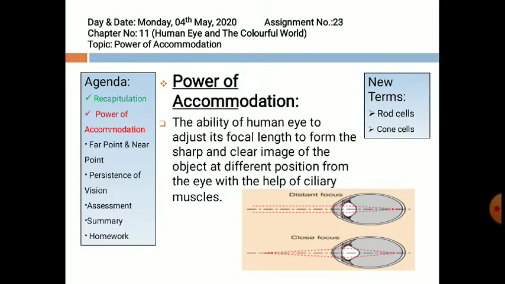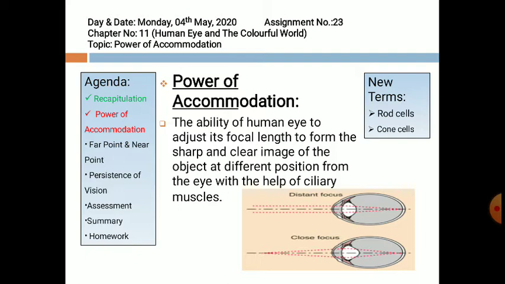Now coming to today's topic, power of accommodation. There are two new terms in this topic, rod cells and cone cells. Rod cells: light sensitive cells which enable us to see in dim light are rod cells.